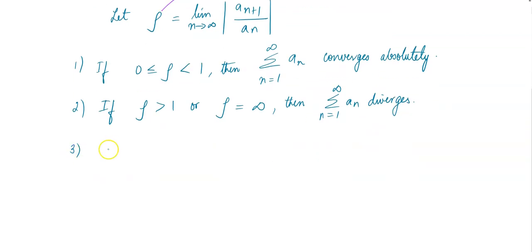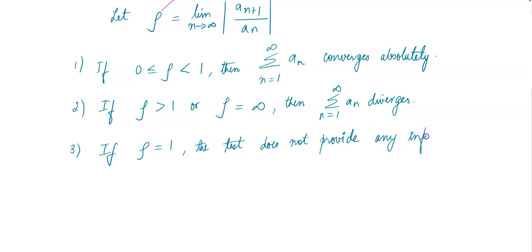And the third condition is, if rho is equal to 1, the test does not provide any information. Typically, we will try a different test when we get to this point.